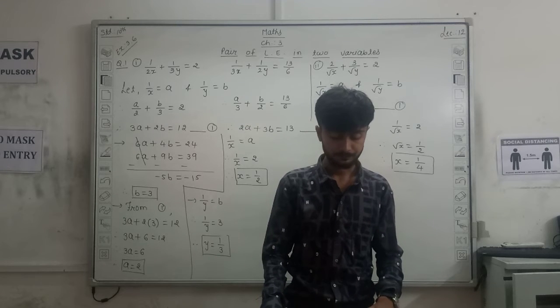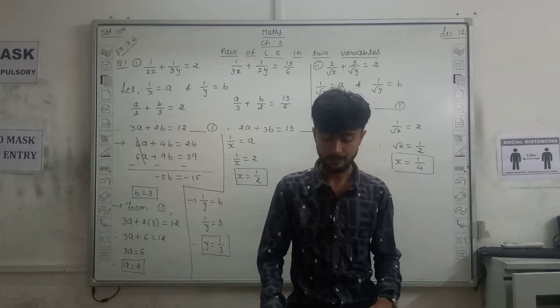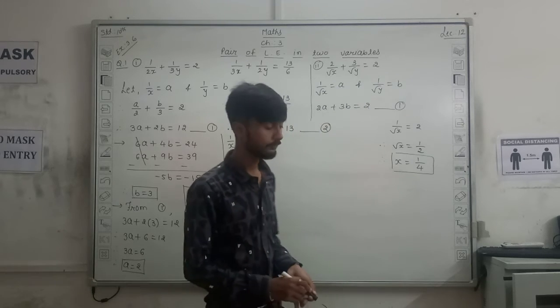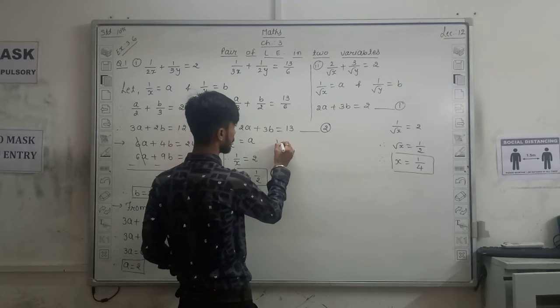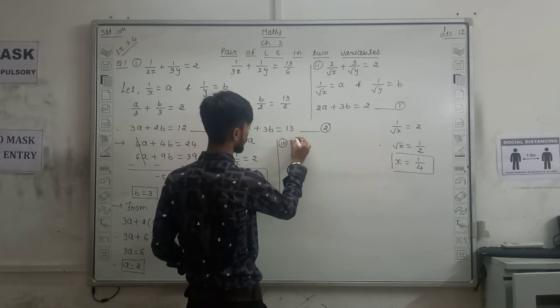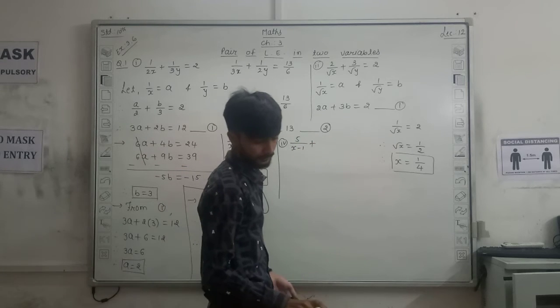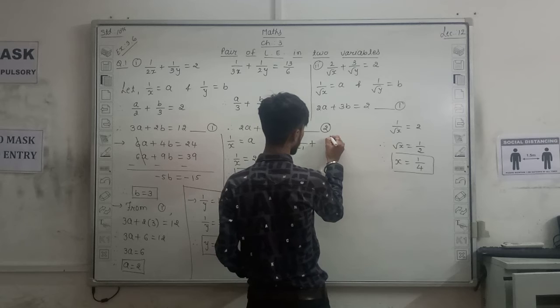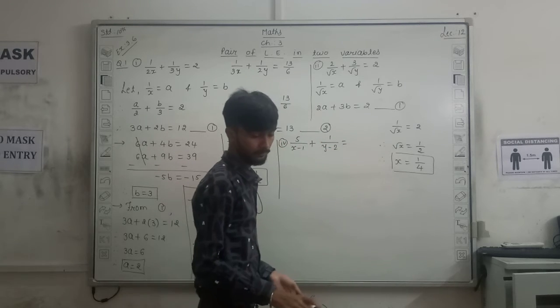Number 4, 5 upon x minus 1 plus 1 upon y minus 2 equals to 2.